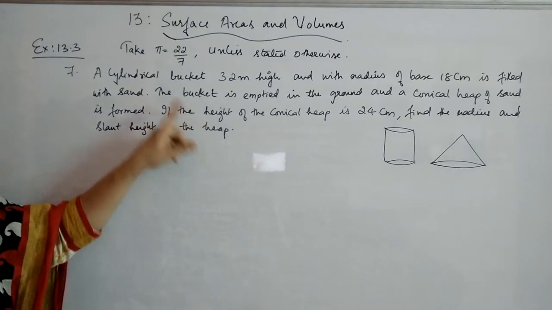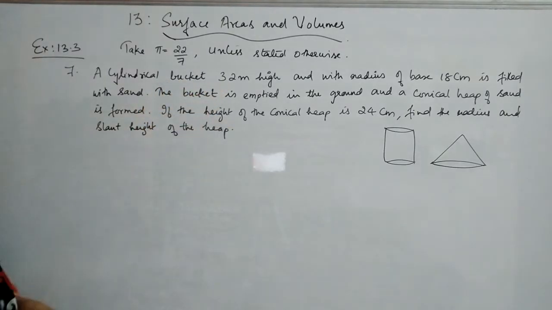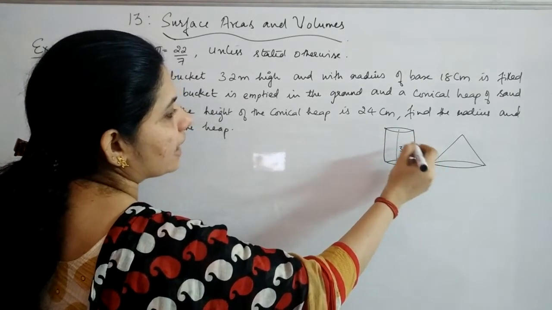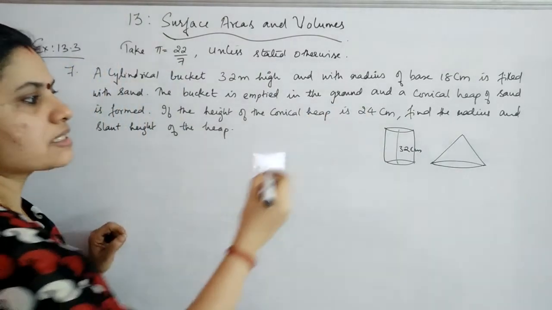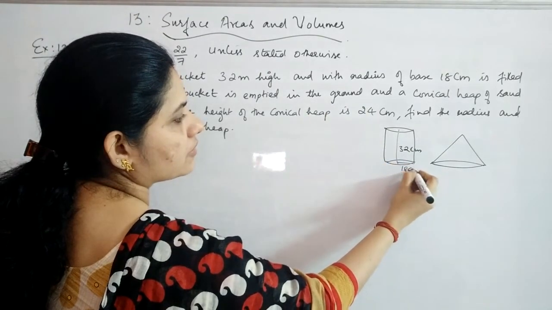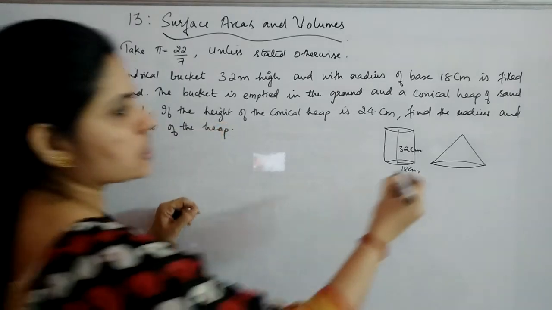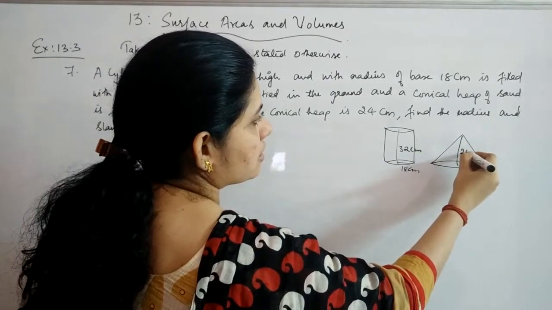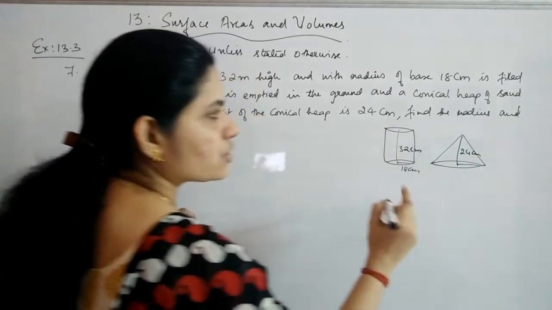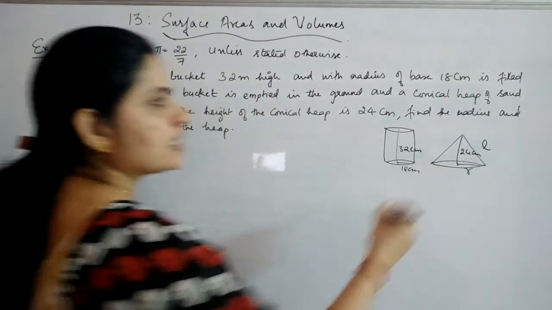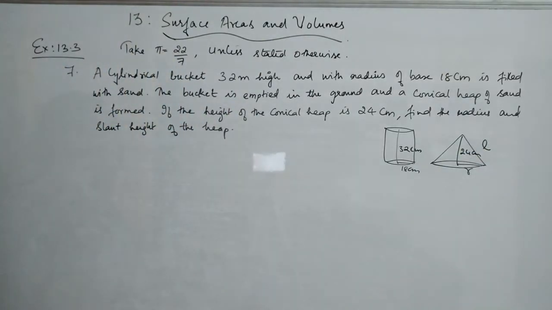What is given is the bucket's height and radius, which is 18 centimeter, and the height of the conical heap, which is 24 centimeter. Now what you need to find out is the radius of the conical heap and the slant height of the heap.